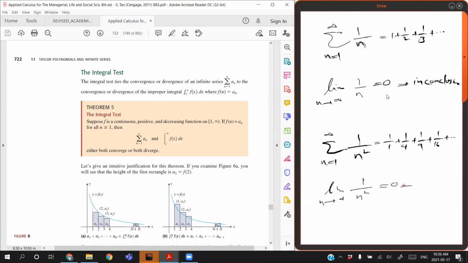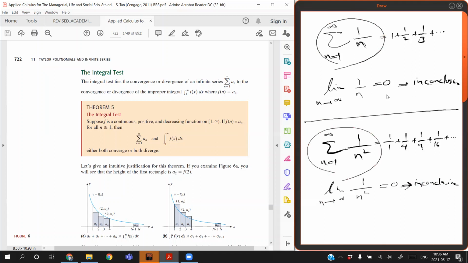So the test for divergence would be inconclusive. It doesn't tell you anything about whether this series is convergent or divergent. And using the integral test, I'm going to show you that this one here is actually divergent, and this one here is convergent.